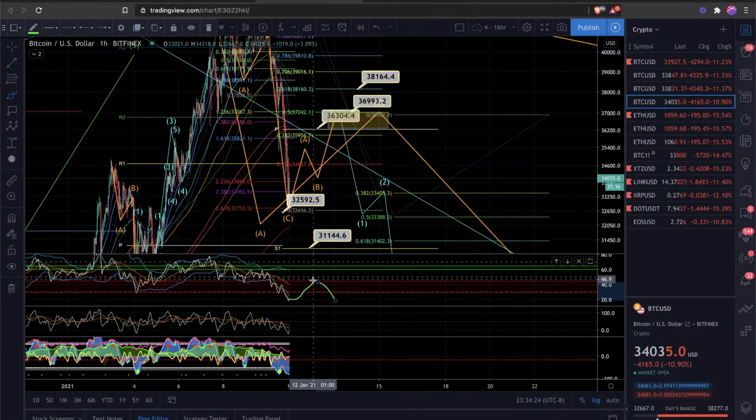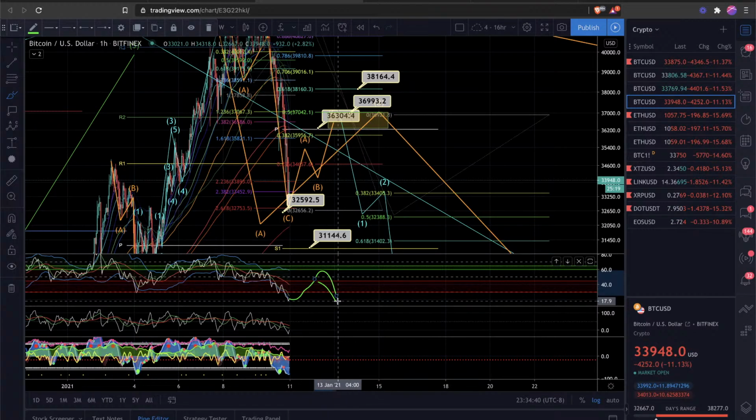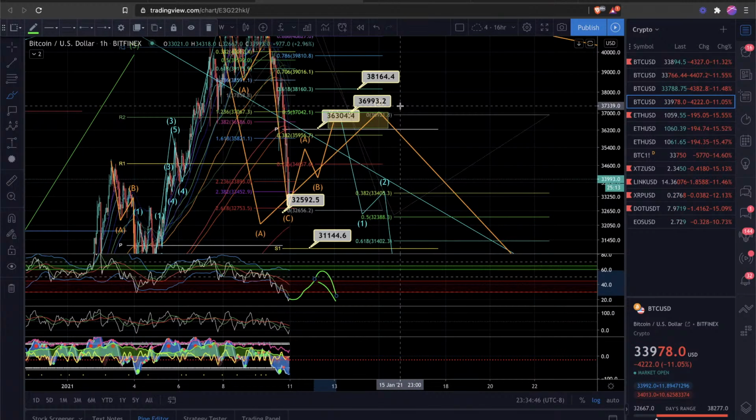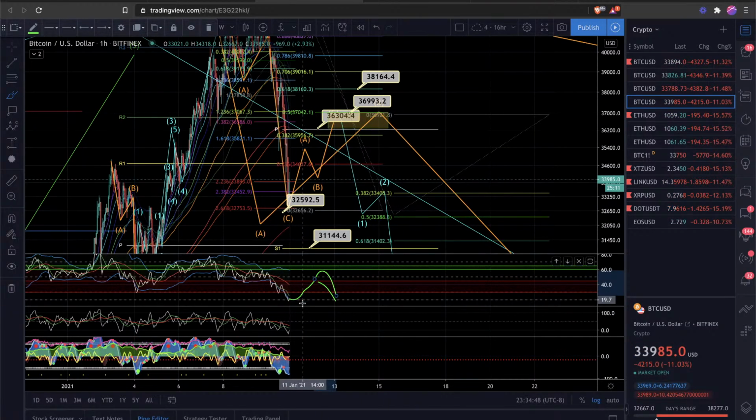If it does come up above it, the max that I'd want it to go up to, and it's okay if it does, is right up here at the 60. Hit the 60 and get rejected to come back down. Create a little bit of that bullish divergence for us to take back off on. So we will see, but ultimately that's what I'd like to see out of this B wave, and those are the signals to play around with.